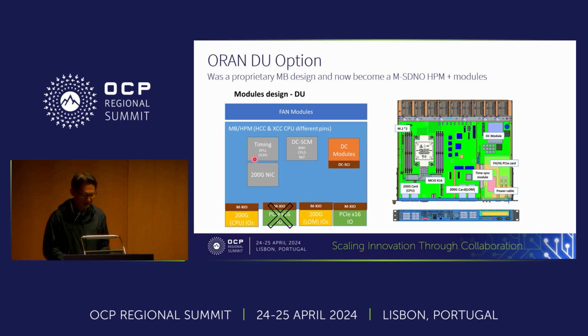Each block you've seen actually is a module which can be either popped on the motherboard or depopped on the motherboard by bond option. So the first you see now, we put all these modules on the board. For example, the timing module, the DC-SCM module, the DC power module. In that case, we can use this design for the DU.